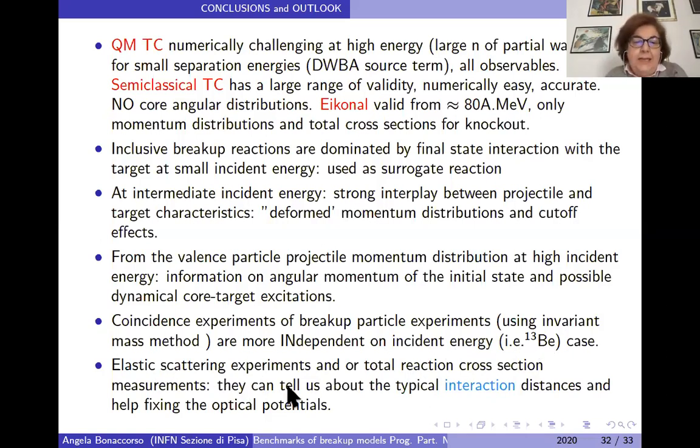Then in general, elastic scattering, I mean true elastic scattering without knockout, and reaction cross-sections are useful because they help us fix the interaction between the core and the target.